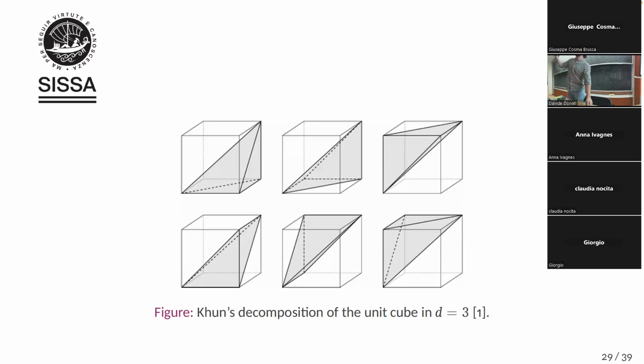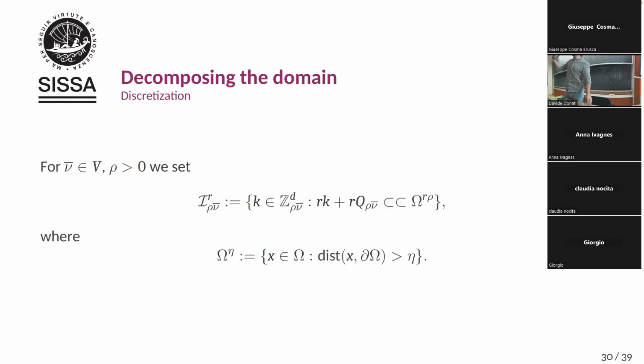The number of simplices in Kuhn's decomposition is equal to the number of permutations of the numbers between 1 and d, because they are indexed by permutations. So the number of simplices appearing in the decomposition is d factorial. There is a reason why we chose specifically Kuhn's decomposition, but it's just a technical reason.